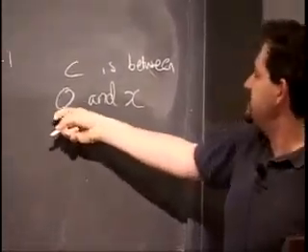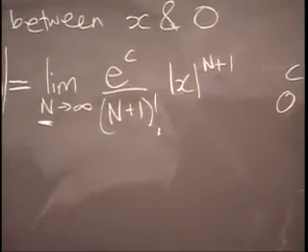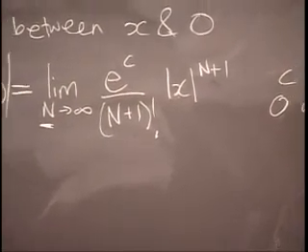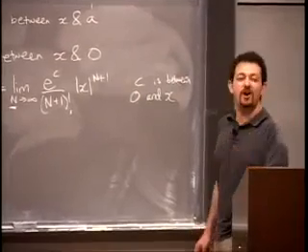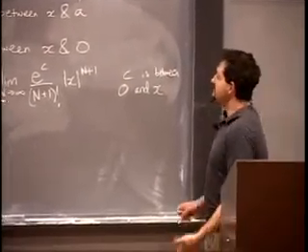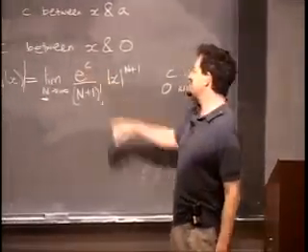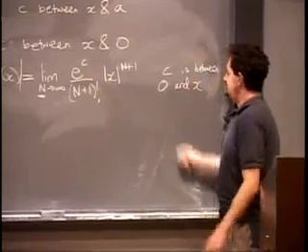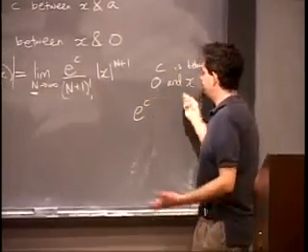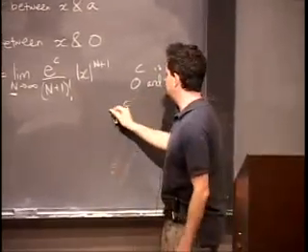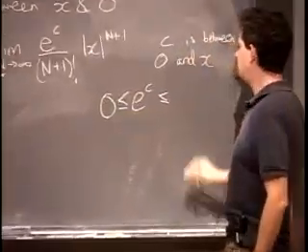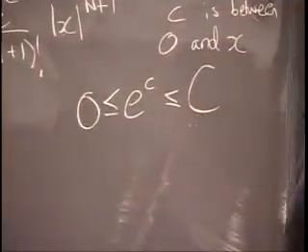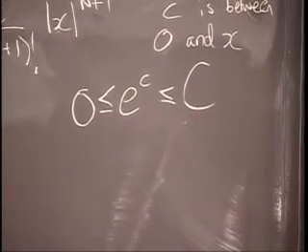C would be between 0 and 2, and e to the c would be between e to the 0 and e squared. So it could be as big as e to the x. But x is a constant. So the point is that there's not a lot e to the c can do. It's between 0, certainly, because exponentials are always positive, and some other constant, big C. And it doesn't really matter what this is.